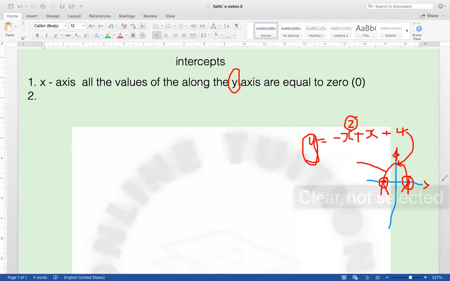This is what it means. Secondly, the second remark that I gave you before the lesson was concluded was talking about along the y-axis.